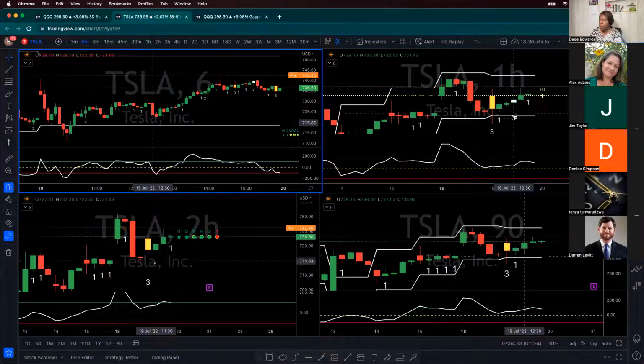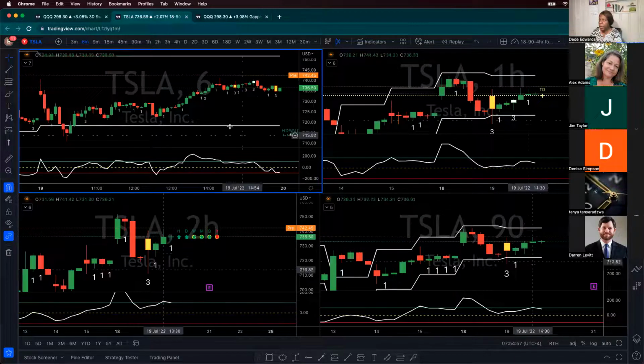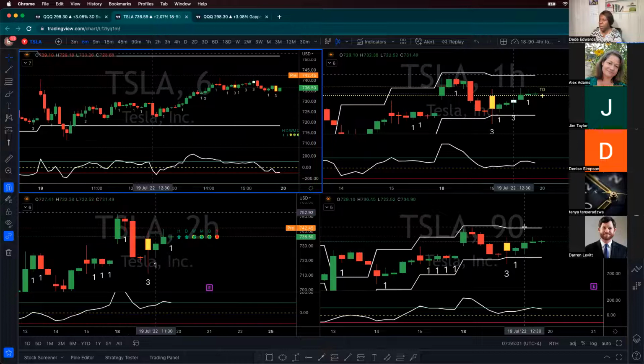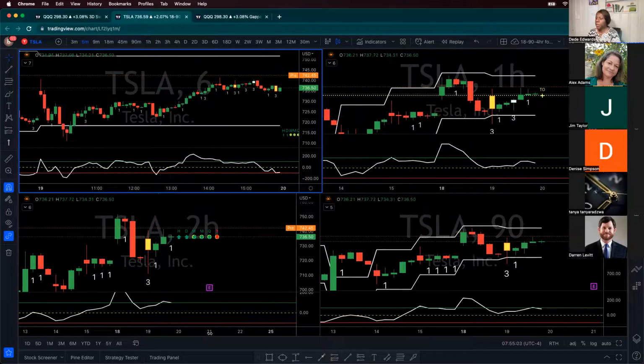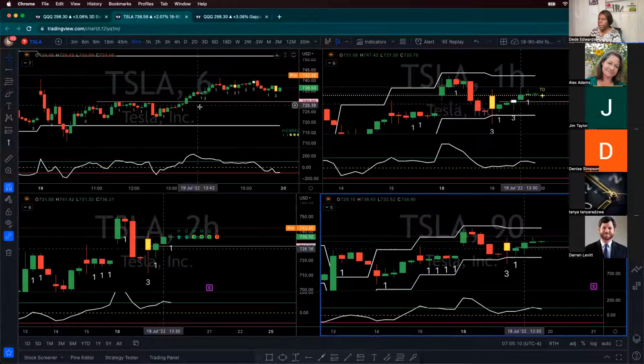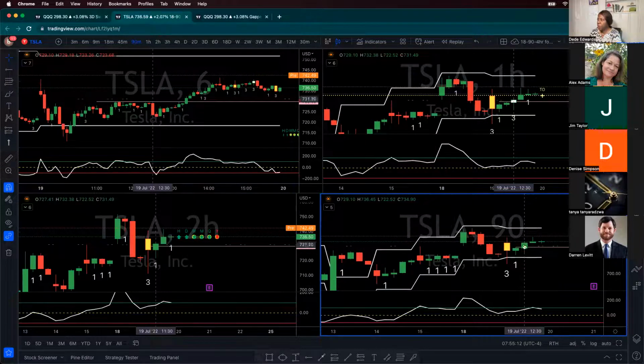So now instead of going 2 down, I'm looking to go 3, 1, 2 up on my 90. And I'm just going to draw this here so you can see the high on this candle. And so it goes 3, 1, 2, 90 right in this range. It turns this green, it turns your 60 green.